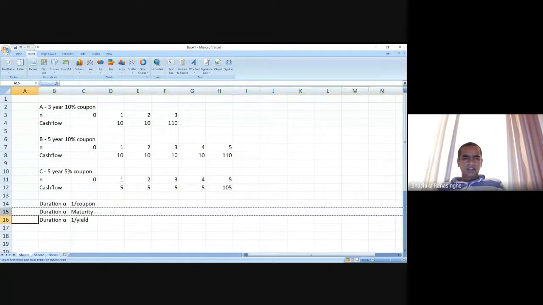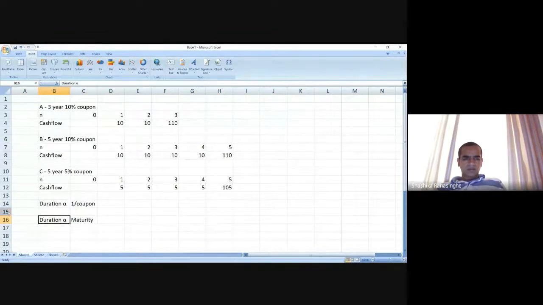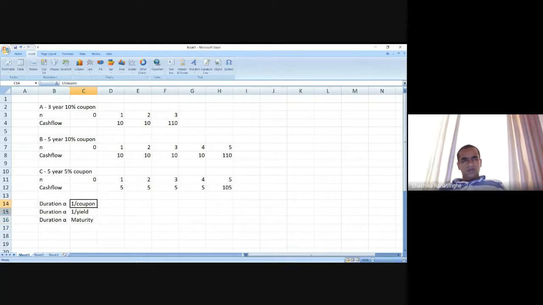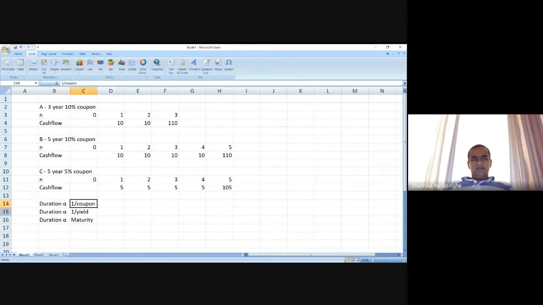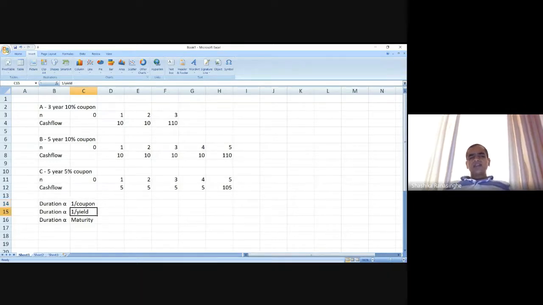Let me change the order. If you carefully look at this, coupon and yields are both interest rates, right?